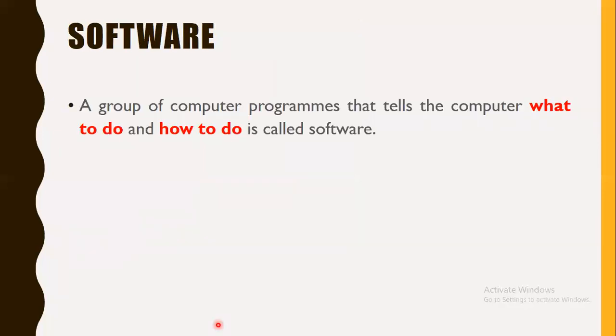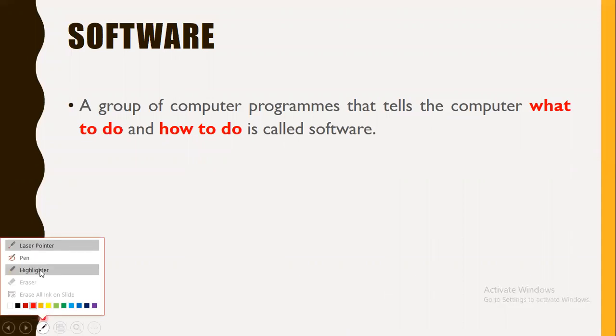Okay, students. Now, let's begin with the formal definition of software, that what exactly software is. A software is a group of computer programs that tells the computer what to do and how to do.